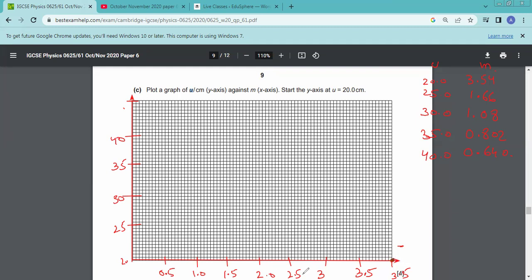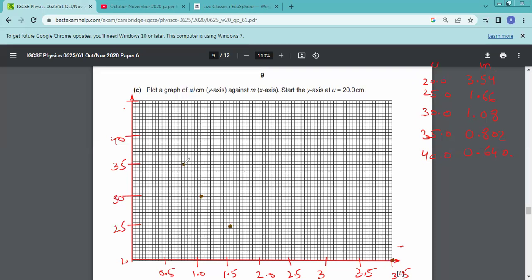Then at 25, I've got the value 1.6, so it's almost here. And at 30, the value is 1.08, so it would be like 1.08, almost here. And at 35, the value is 0.8, so it's almost 0.8.